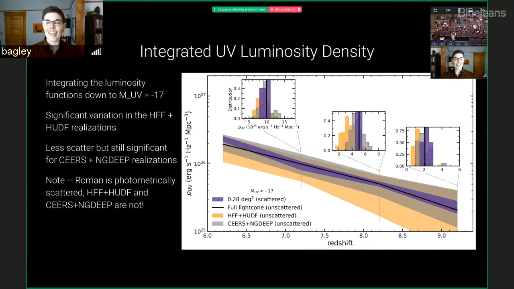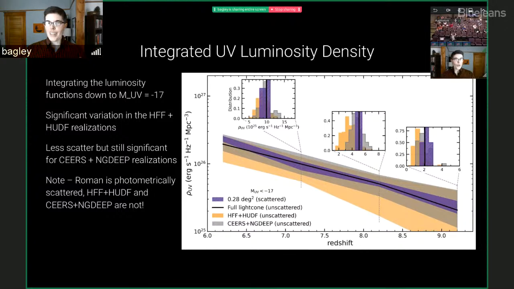We're seeing the same thing we saw before for Roman and the full light cone, but the orange is now showing what you would get for a Hubble Frontier Fields plus HUDF survey. So this is combining 8 different HST-sized surveys together, and then doing multiple realizations of that. And the gray region shows you what you would get with multiple realizations of SEARS plus NGDEEP.